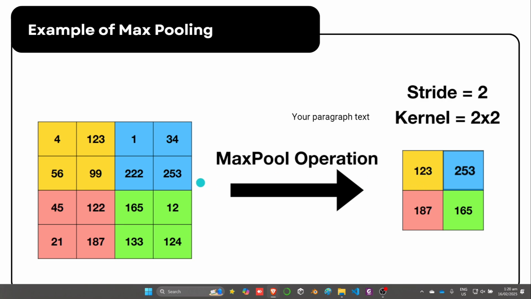The other one here is 253. Here is 187, and the other one is 165. So you can see effectively that's how max pooling works. It's quite simple.